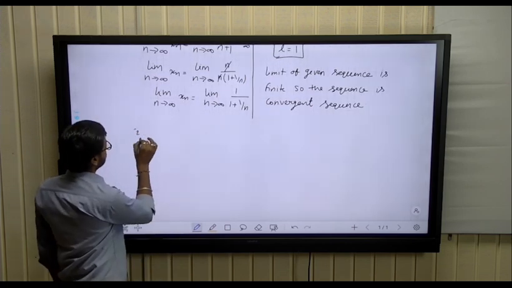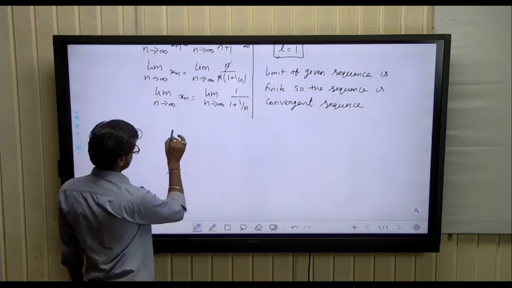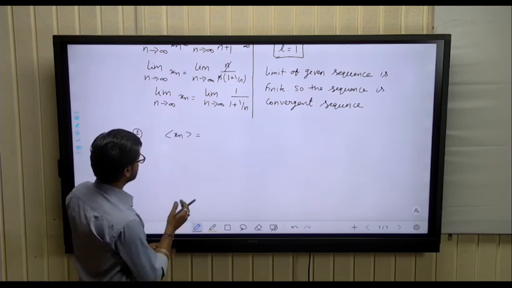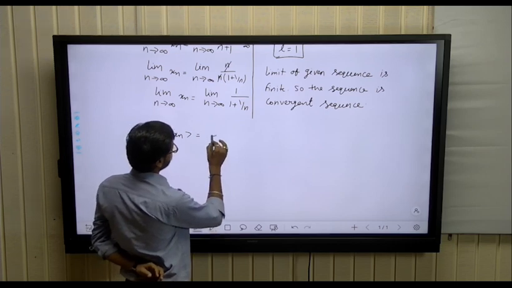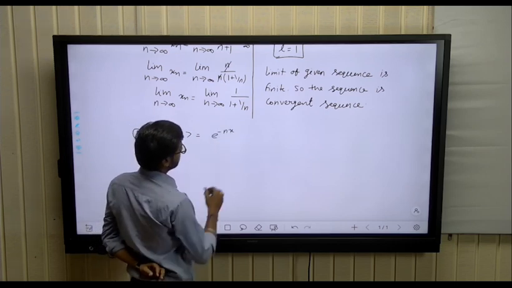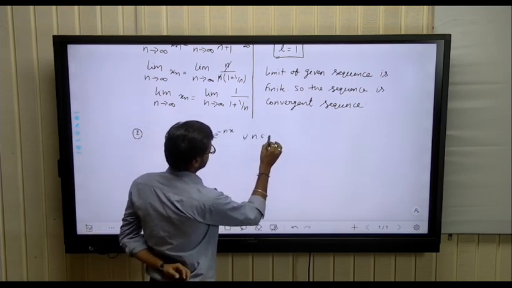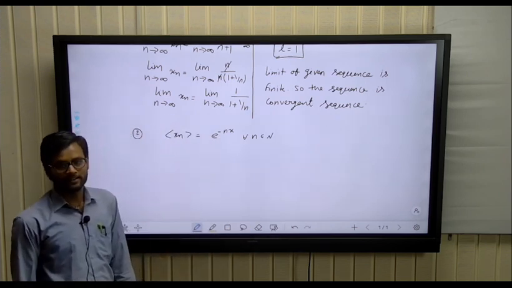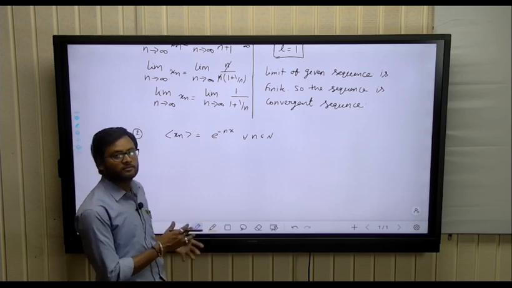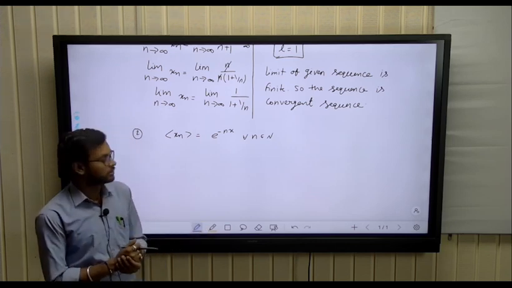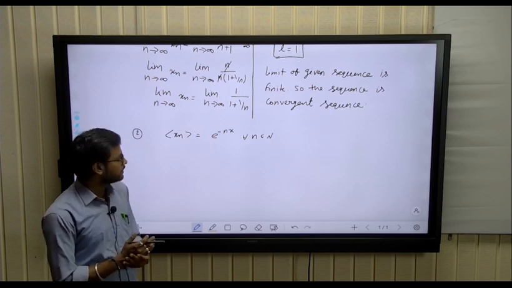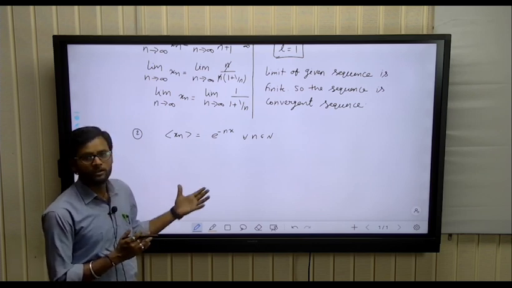So the second example is, let the sequence be e to the power minus n, for all n belongs to N. Here the sequence is e to the power minus n. Now we check whether this is a convergent sequence or not. So the first step says first you find the limit of the sequence.